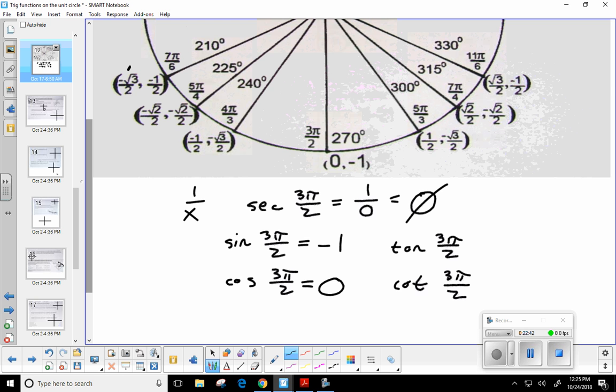In fact, this is what your next happy minutes is going to be. I'll give you either a degree or a radian measure. Once you locate it, you'll find me the ratio for all 6 of the trig functions. And I believe that'll actually happen tomorrow because your test is on Friday now.